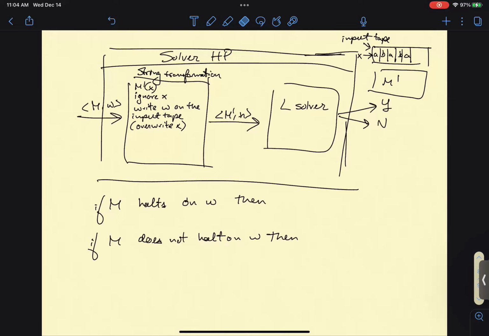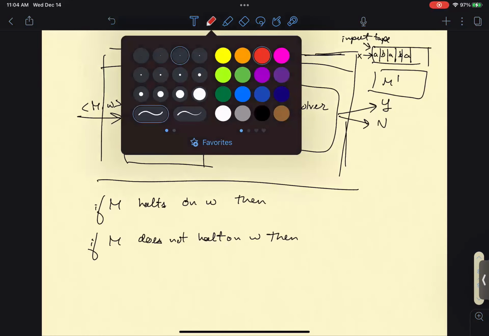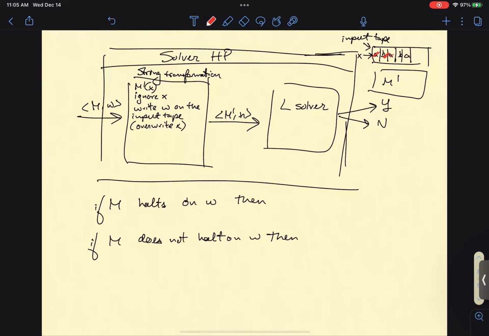Now M prime is just going to potentially overwrite these letters with the ones in W. W is a string, so I can overwrite the input tape. Maybe W is BBA, something like that. Yes, you have an objection?